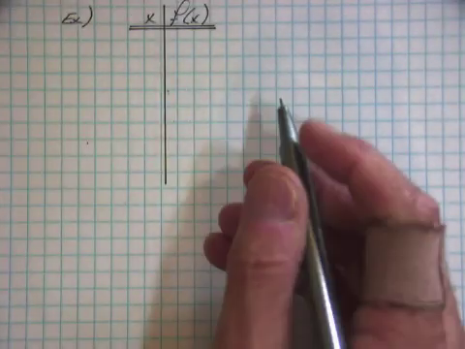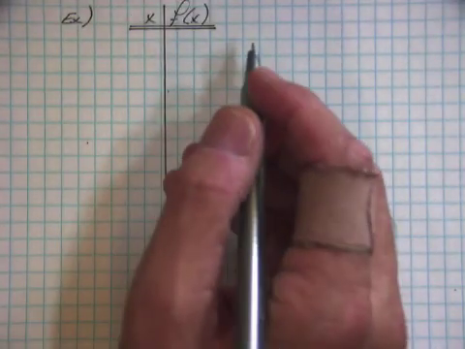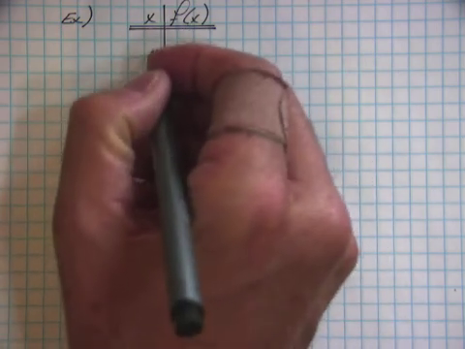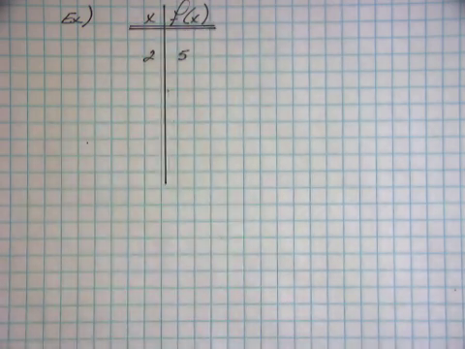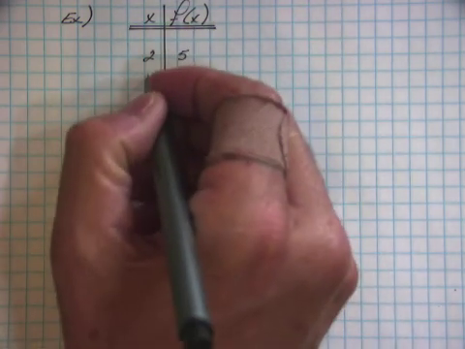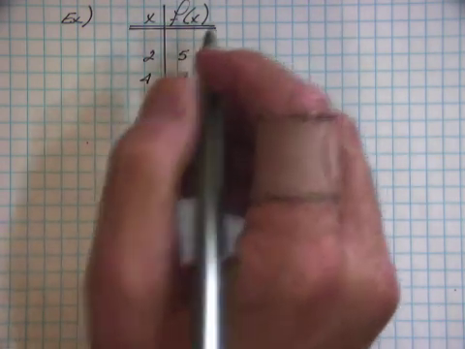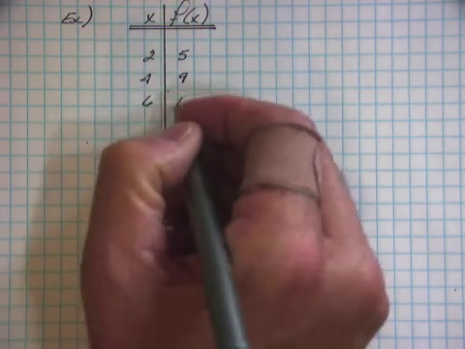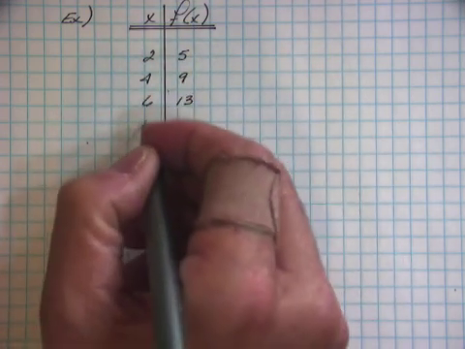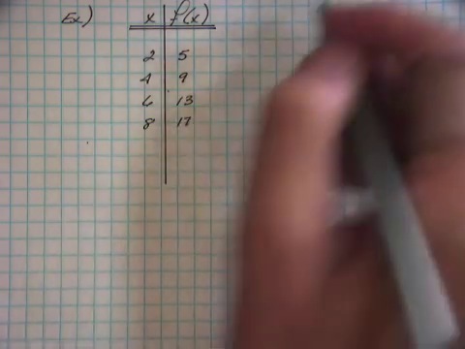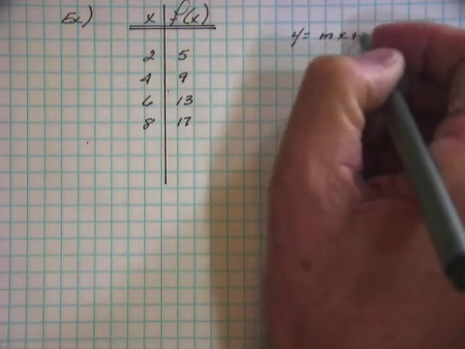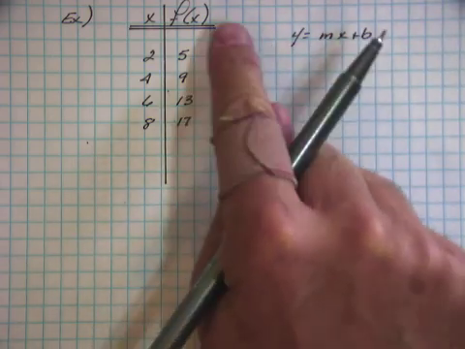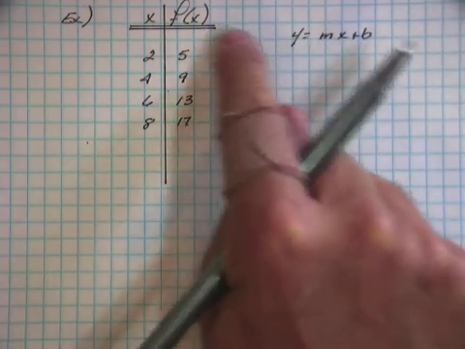Always use a straight edge. Okay, this is the information you're going to be given. You've got 2, 5. So when 2 is the input, you get 5 out. Then 4, 9. 6, 13. And 8, 17.